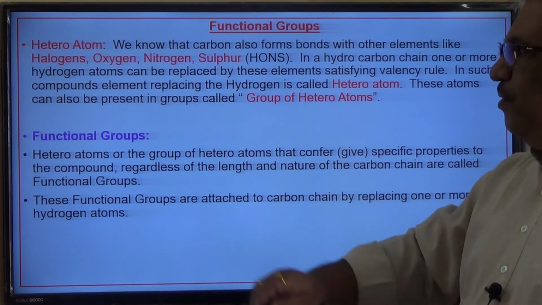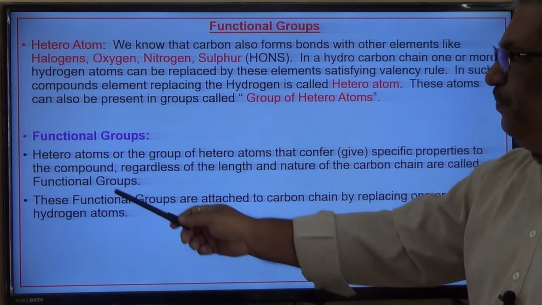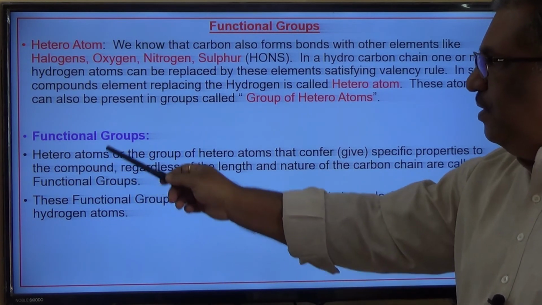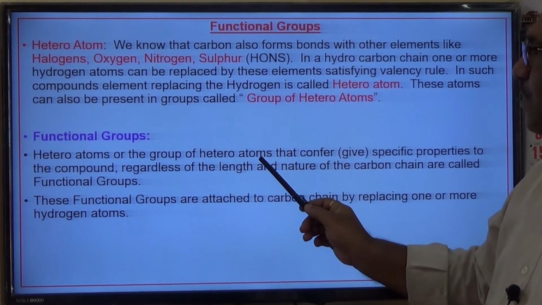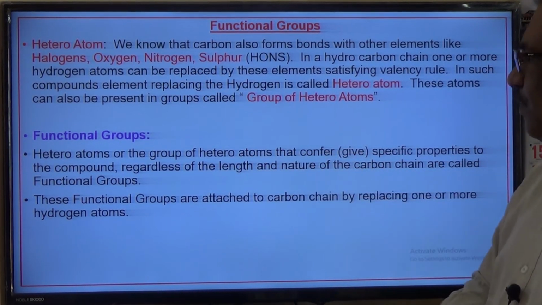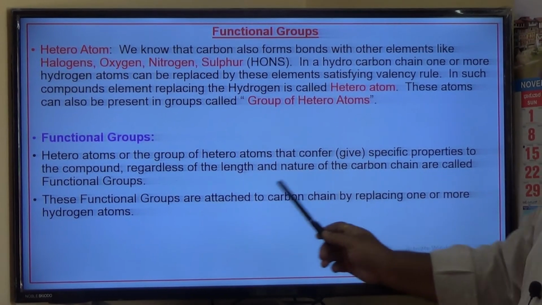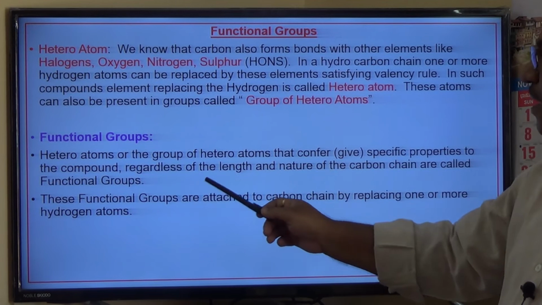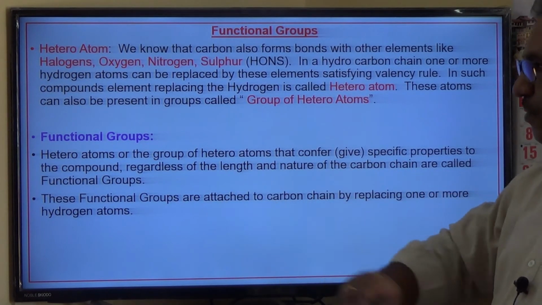What about functional groups? Read the definition here, which is very important. Heteroatoms, or the group of heteroatoms, that is the group of these atoms, that confer specific properties to the compound regardless of the length and nature of the carbon chain are called functional groups.